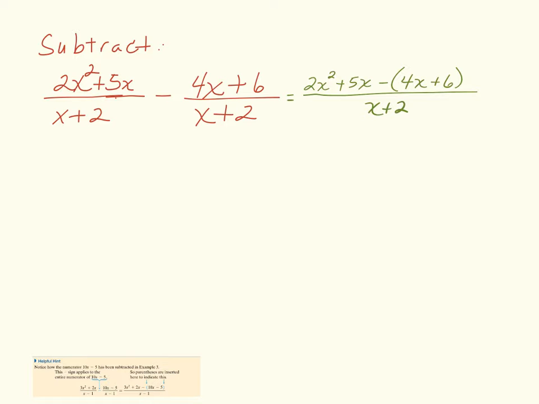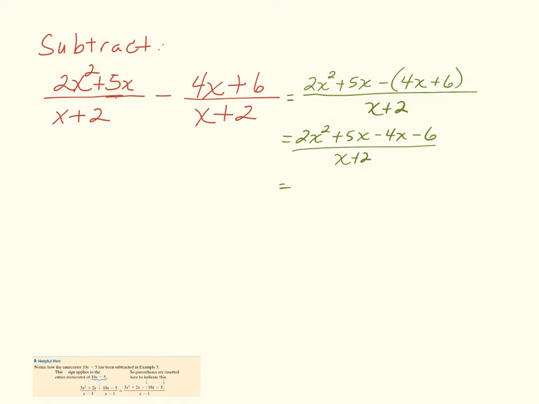Okay? That's the biggest mistake students make. So then we have 2x squared plus 5x minus 4x minus 6 all over x plus 2.